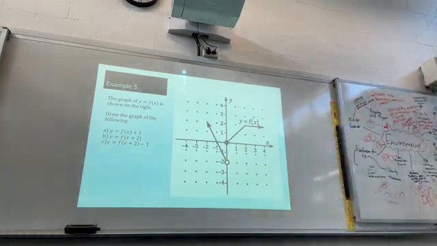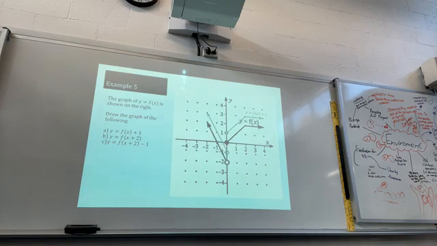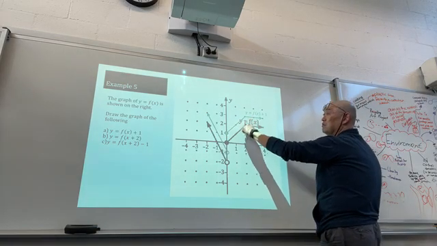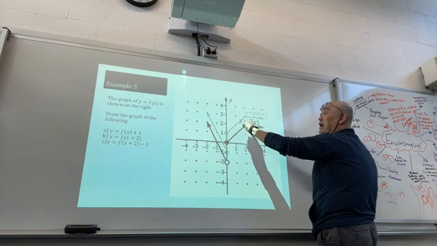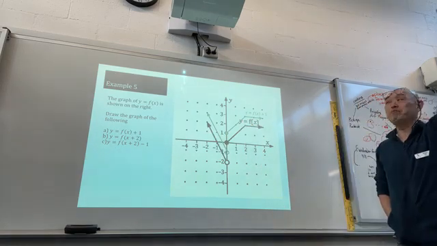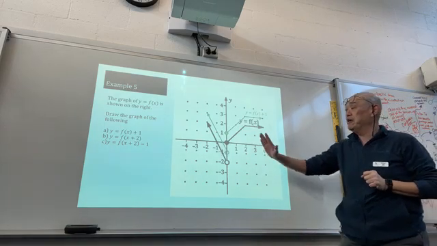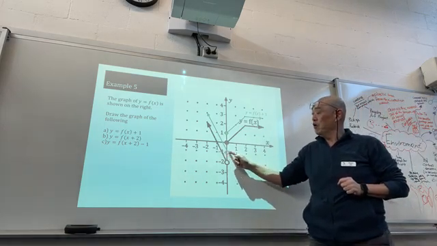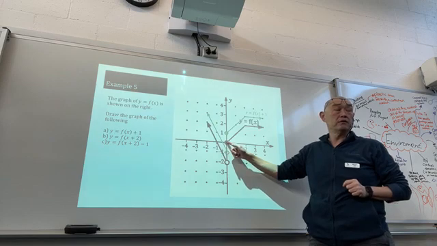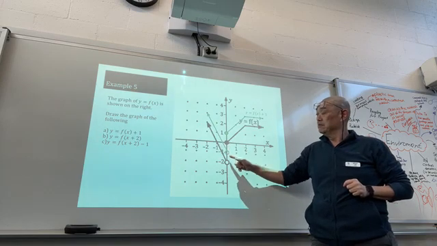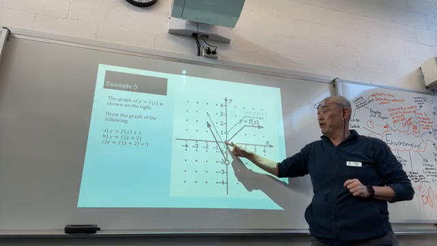Once you know those 2 points, you can do this point as well, going up. So you've got 3 distinct points you could use. And of course you must make sure that this is an open circle, this is a closed circle. This point is not included, that point is included.